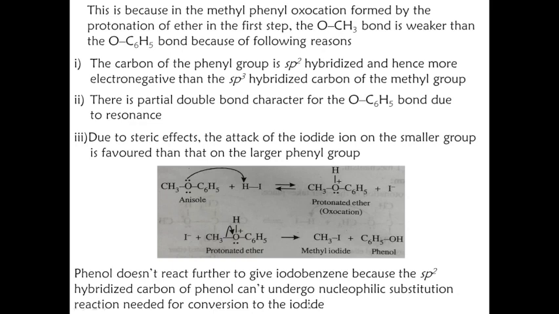Phenol cannot undergo the conventional method of formation of iodine substitution when reacting with excess hydriodic acid, because of the strong carbon oxygen bond in phenol. So I am stopping here, and we will discuss the rest in the next class.